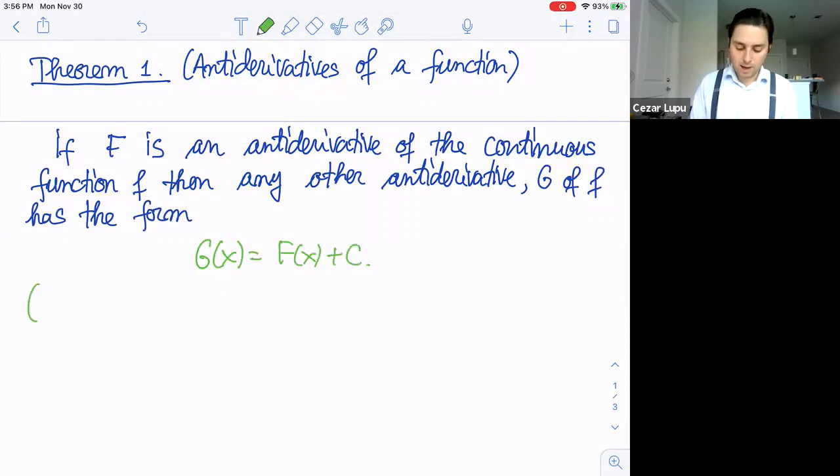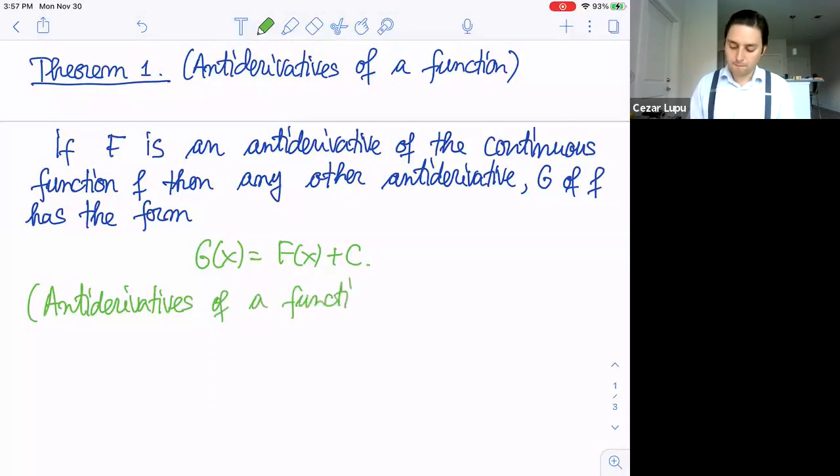So in other words, antiderivatives of a function differ by a constant.